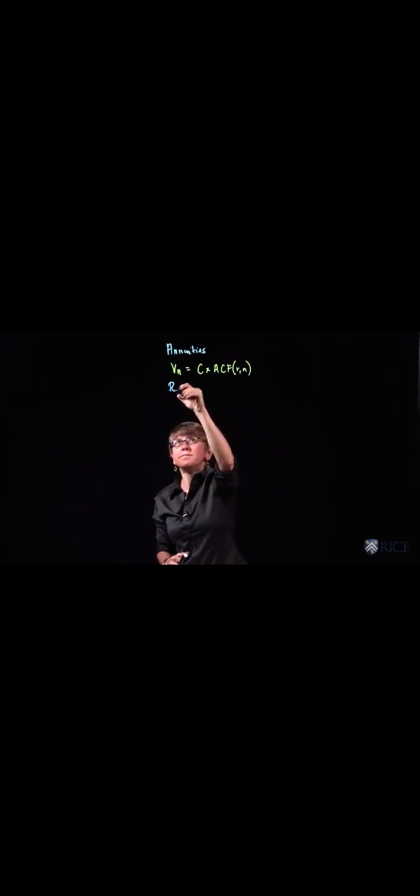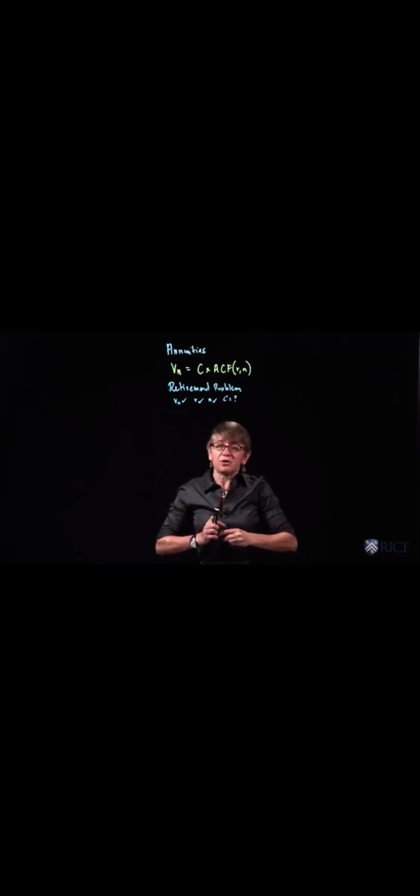Annuities are a stream of cash flows with equal payments for a fixed period of time, and we just looked at how we find the future value of an annuity by this formula, the annuity compound factor with R and N. As a special case, we looked at the retirement problem, where we know the future value, we know the constant interest rate, we know the number of payments, and we try to find what the equal payments should be.